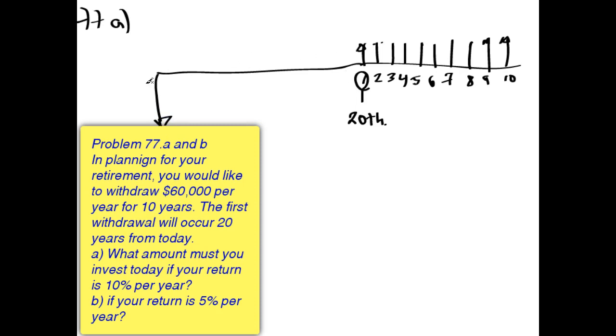Now the interesting part is that given the models that we have to compute these quantities, when we compute P given A with respect to these A's, each one of these A's is $60,000. Then we're going to bring that quantity back to the equivalent of 0 here, but that equivalent of 0 here is actually the 19th year.